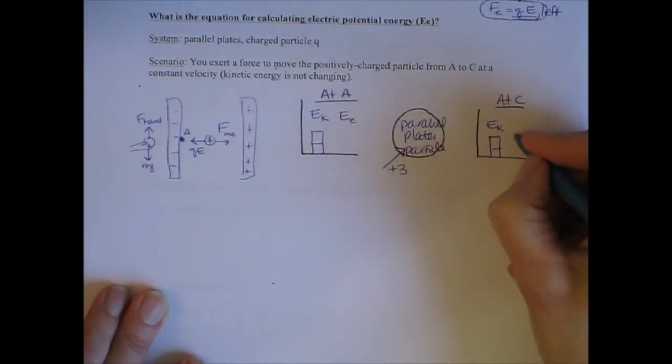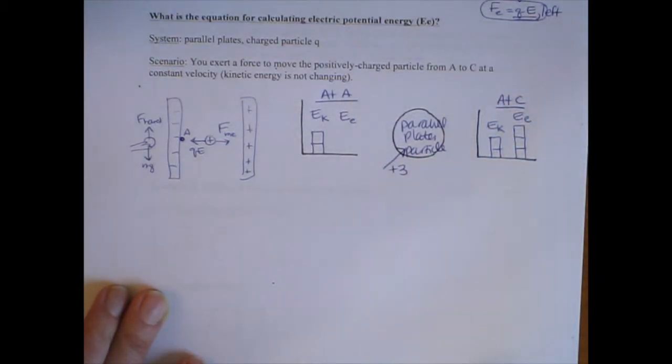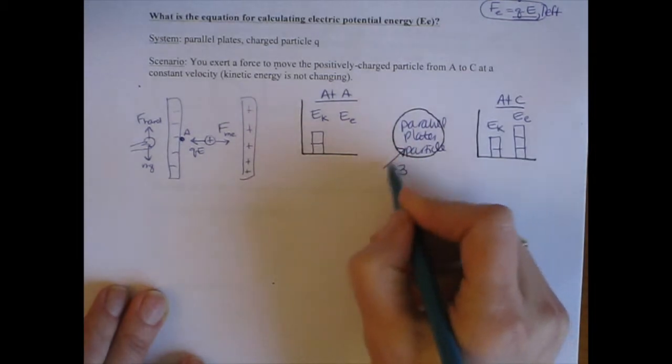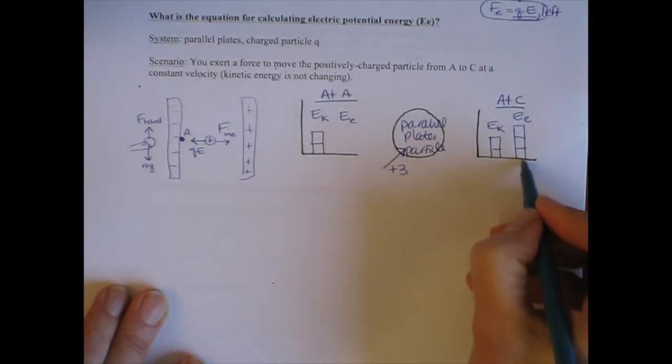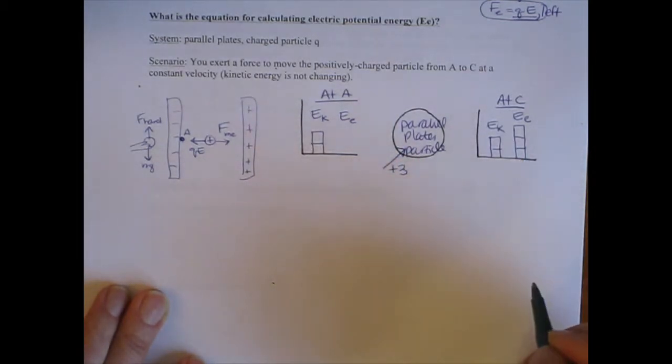And now at C, it has electric potential energy. So that work I did transferred that energy into the system, and now it has electric potential energy.